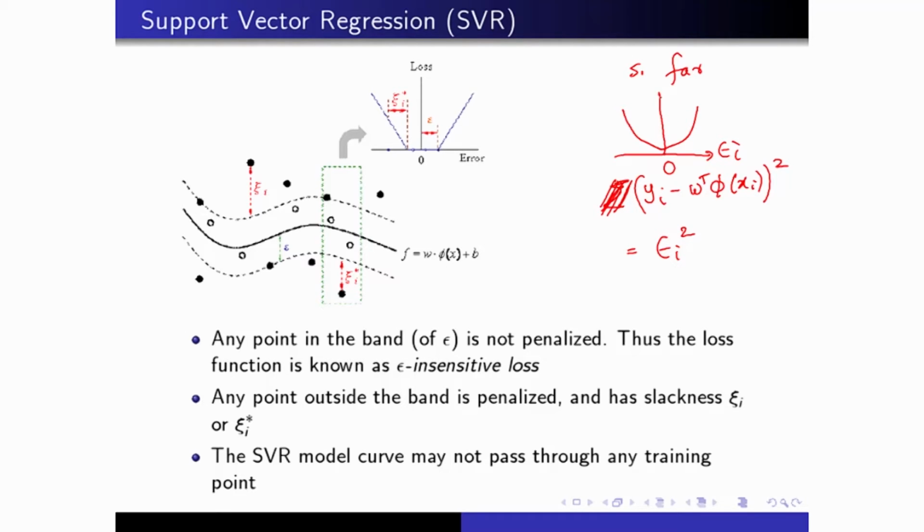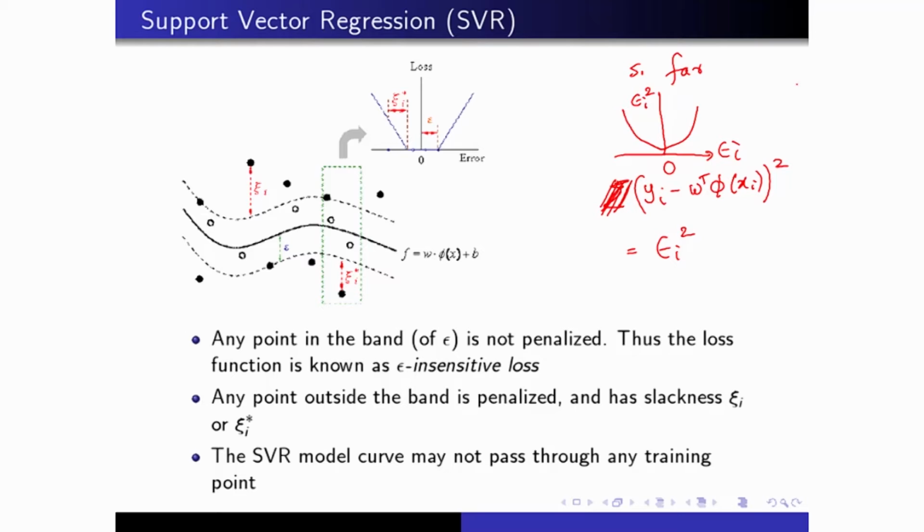What you see on the y-axis is epsilon i square. So basically, any deviation from 0 error is going to be penalized, and it grows fast enough.